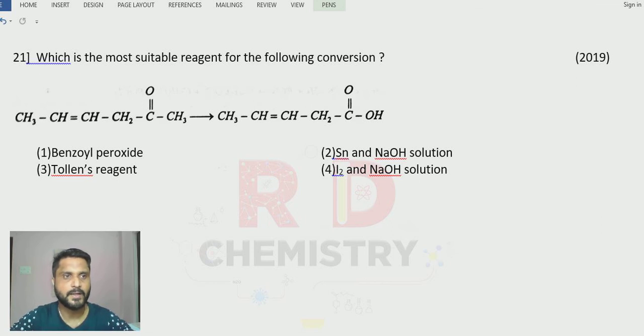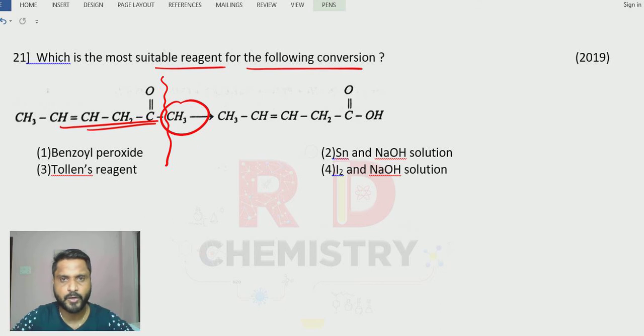Question number 21. Which of the following is a suitable reagent for the following conversion? See carefully. The bond breaks at the COCH3 group. That means this ketone is converted into the corresponding carboxylic acid, and the CH3 group is not there on the other side. So remember, the iodoform reaction can do that.